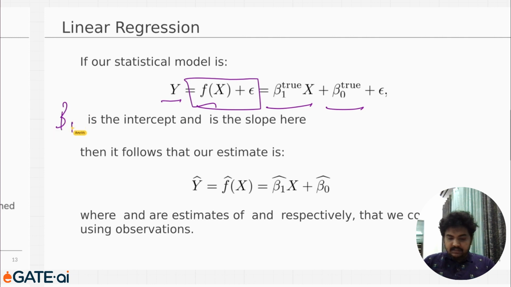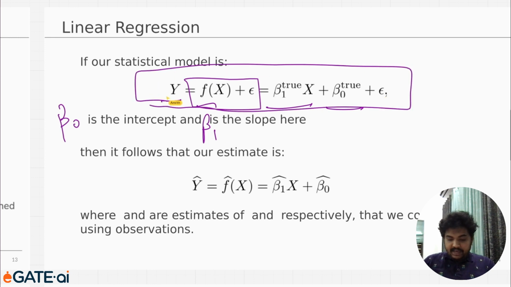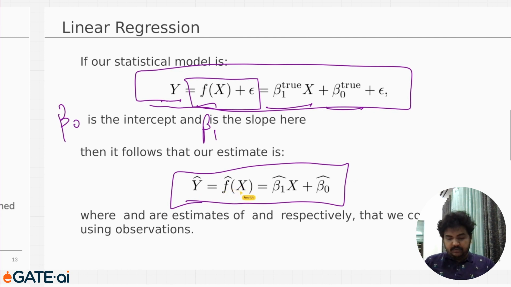I am sorry, here beta 0 is the intercept and beta 1 is the slope, and we are assuming the data is produced from such a function. We estimate y hat as a function of x, which is beta 1 hat x plus beta 0 hat.